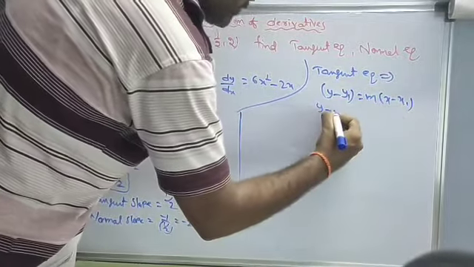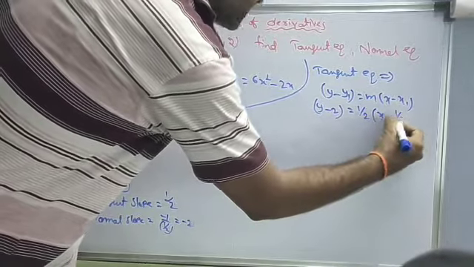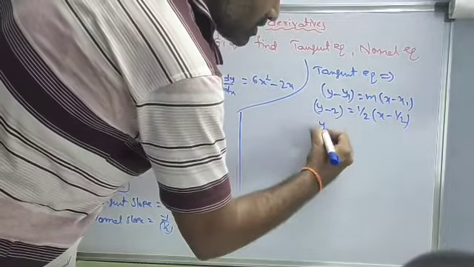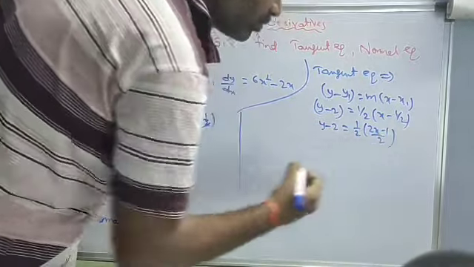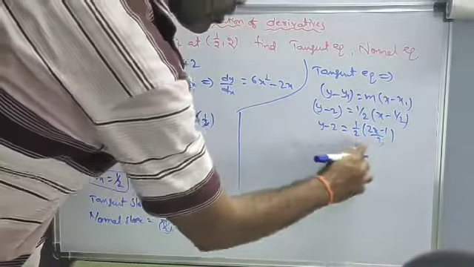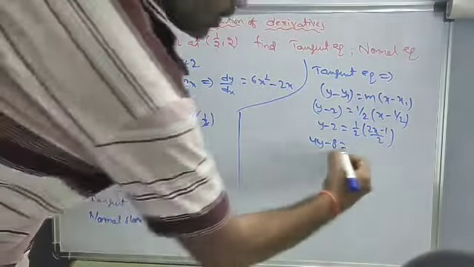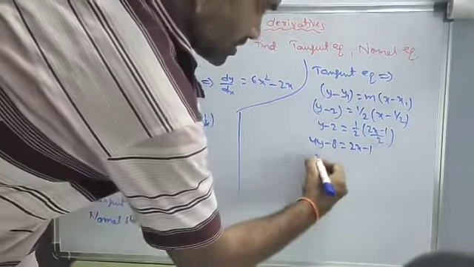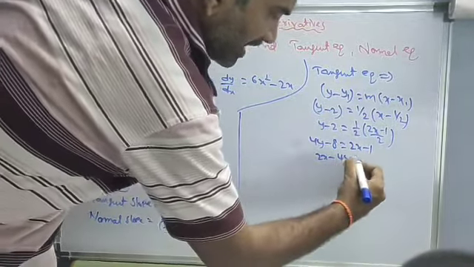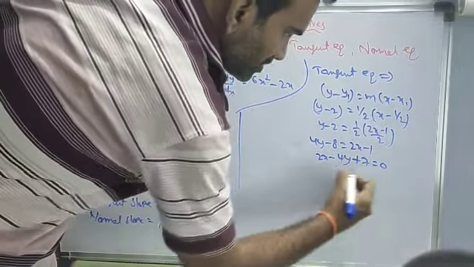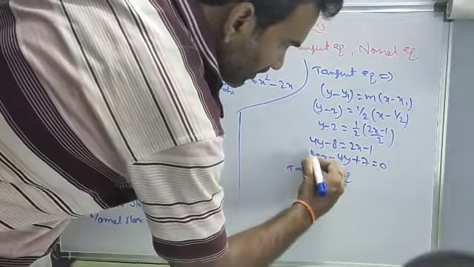Substituting, y minus 2 equals 1/2 into (x minus 1/2), which is y minus 2 equals 1/2 into (2x minus 1)/2. Multiplying by 4, 4y minus 8 equals 2x minus 1. So 2x minus 4y plus 7 equals 0. This is the tangent equation.